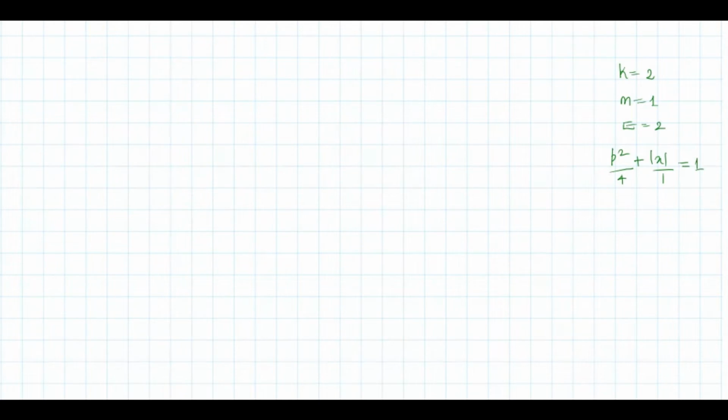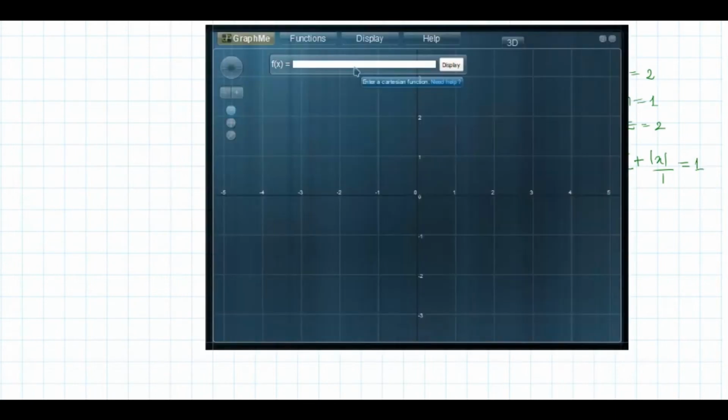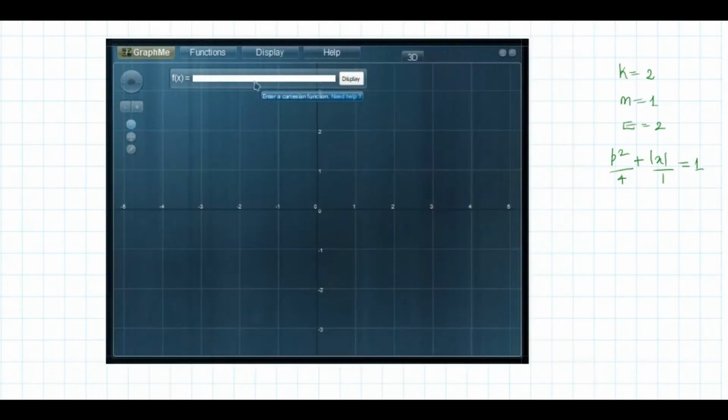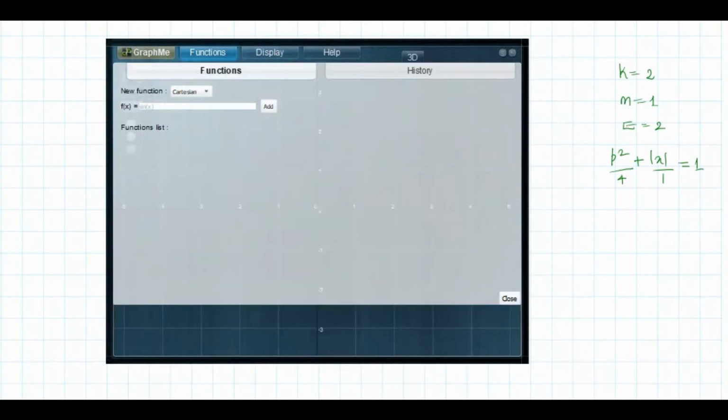Okay, so let us plot that curve. It is not a Cartesian function, it is an implicit function.